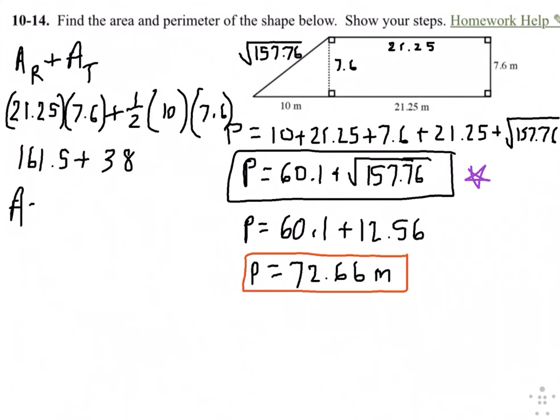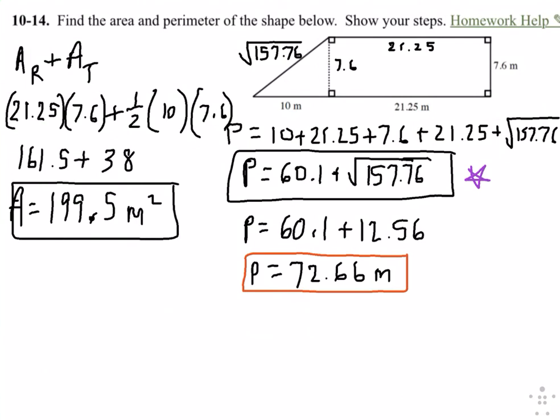This is the area, equals 199.5 meters squared, right? We summed the triangle and the rectangle.